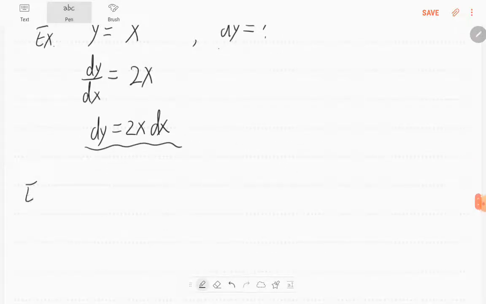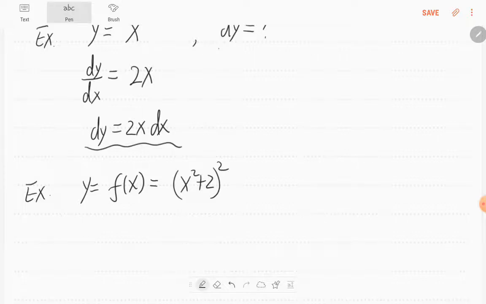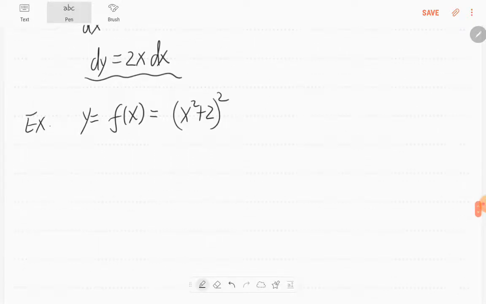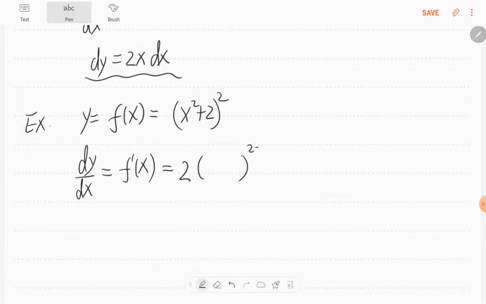Another example: y equals f of x, where f of x is given by x squared plus 2, all squared. So dy over dx is equal to f prime of x, and we need to do the calculation for the derivative. The outside function is the square power, so it's 2 to the power 2 minus 1.